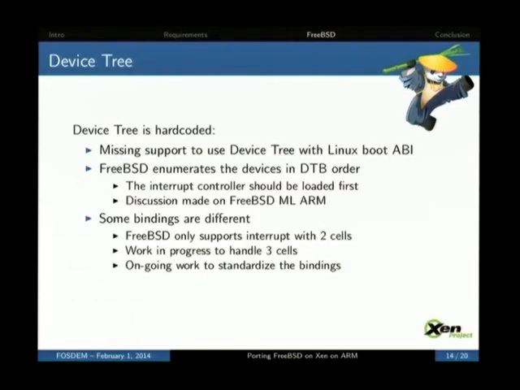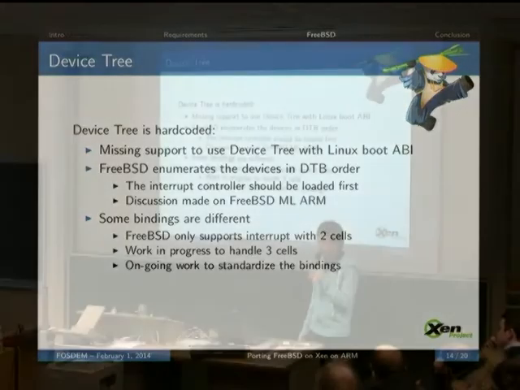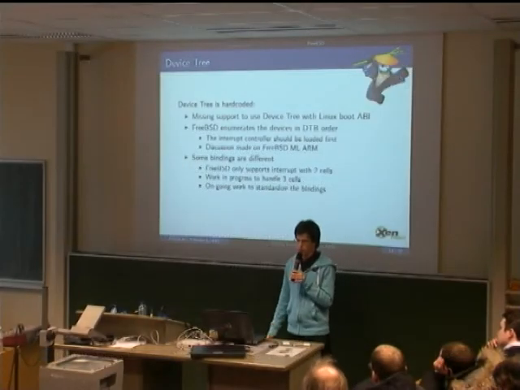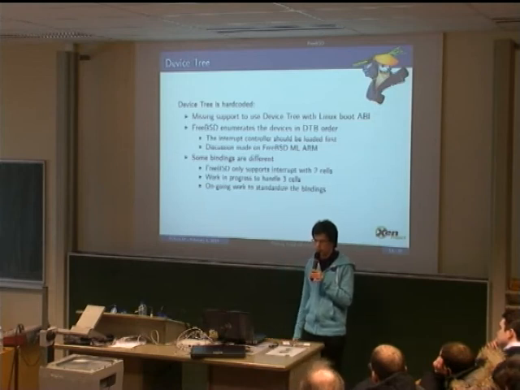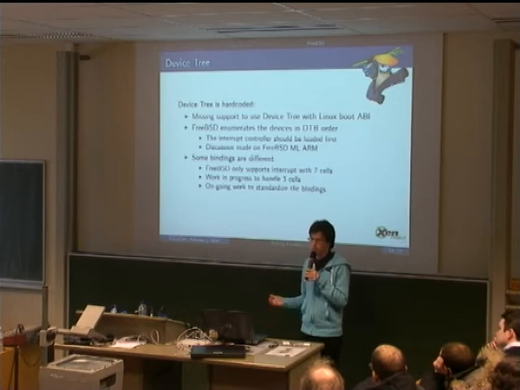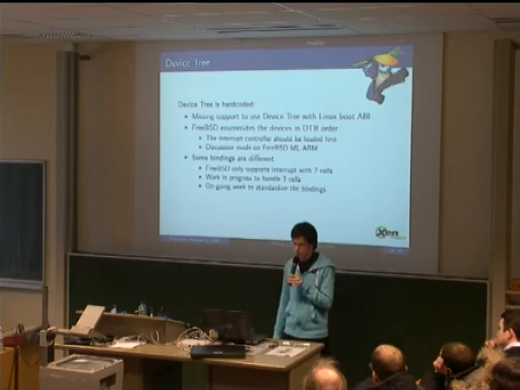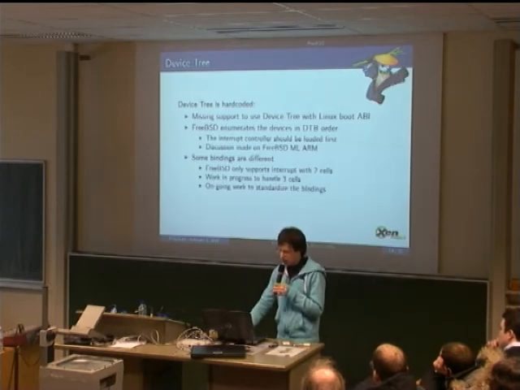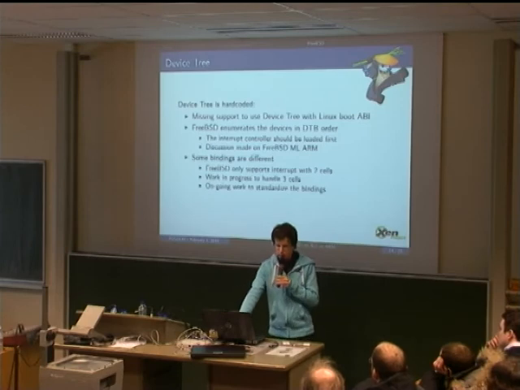The first cell says if the IRQ is private or shared between the CPUs. The second cell is the number of the IRQ, and the third cell gives the configuration. There is some work to standardize the binding. As the discussion was made, we think that FreeBSD will use the same binding. If we don't use the same binding, then we'll have to support different bindings, and I don't think that's the solution for the future. So that was the device tree.